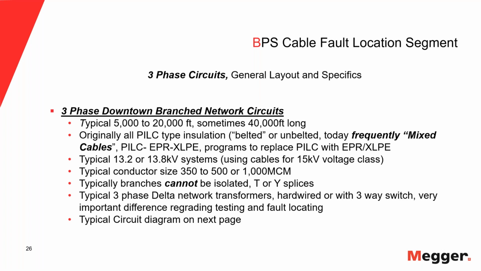The reality is that in many of these systems you have a mix of cables. You have old paper, which could be belted, unbelted, or both, and you could have EPR and XLP spliced in. So you have a mix of different types of installations, and that's important to understand.